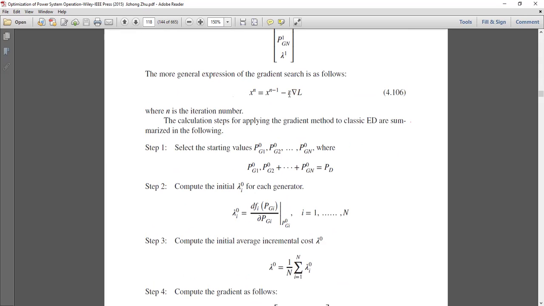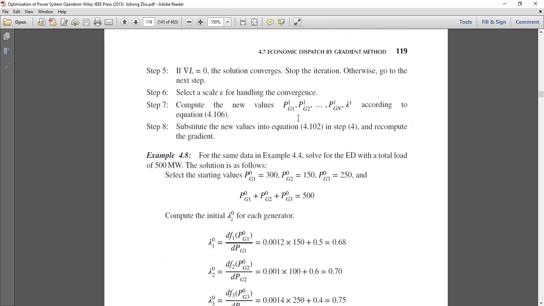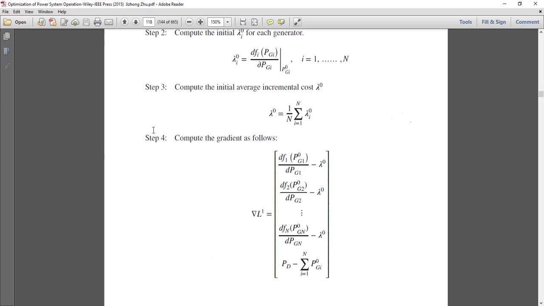So you know epsilon now, you know del L, you know xn minus 1. So you should be able to calculate xn. So this is step number 7. And then once you have new values of PGs and lambdas, you go back to your step number 4.